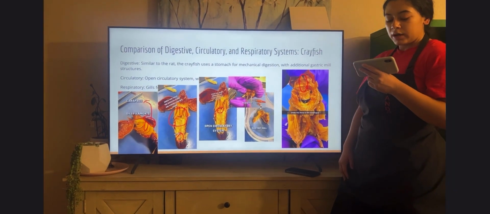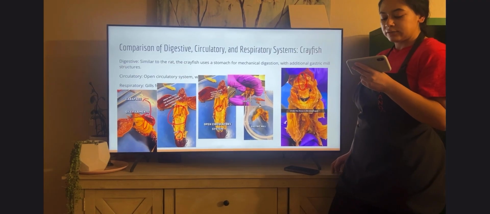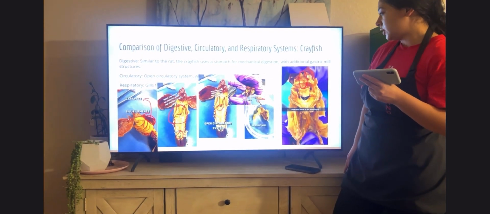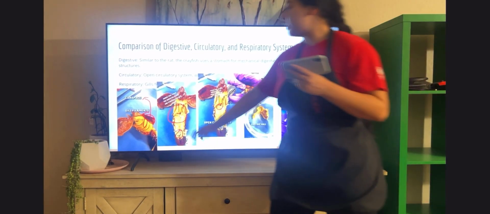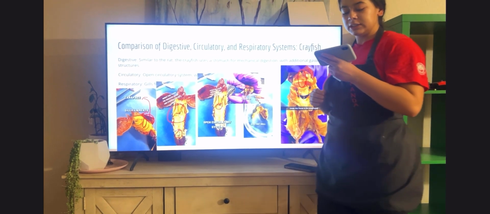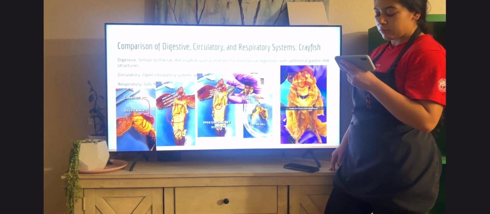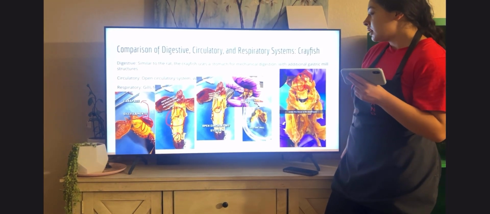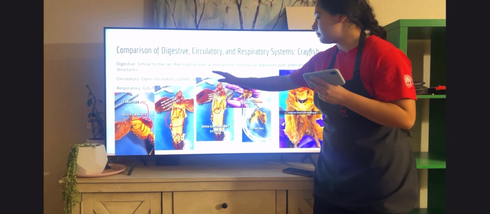For respiration, they have gills for gas exchange, which are located in the thoracic region. You can see those gills right over here to help them breathe. For their circulatory system, they have an open system where blood, or hemolymph, flows freely within the body cavity. Right here you can see that open system.